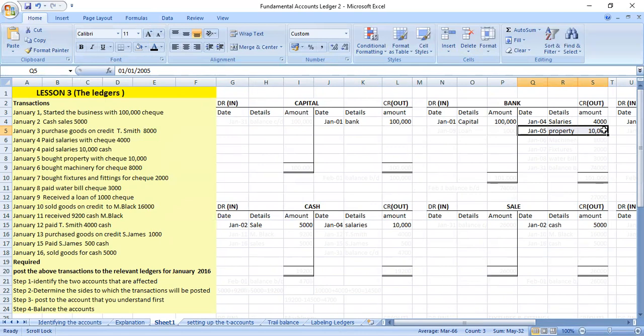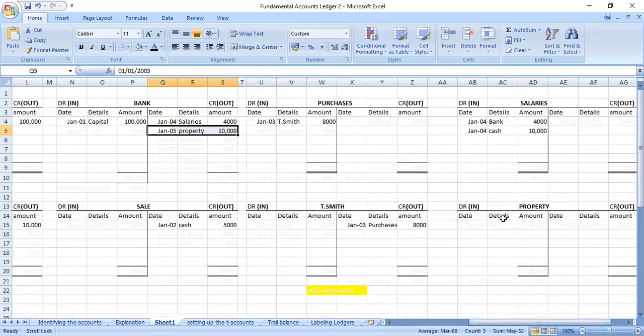So the money went out and the property came in. You can say the property came in or the money went into the property account. So on January 5th, we receive a piece of property valuing $10,000, and the money used to buy the property came from out of the bank.